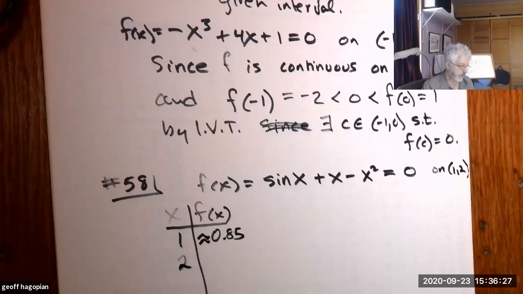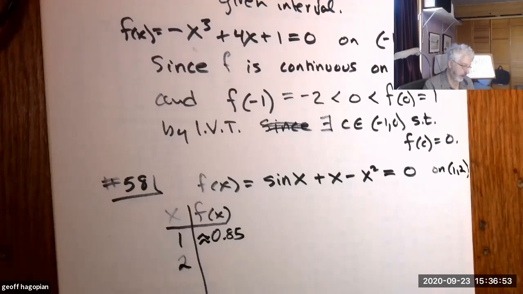Well, 2 is in the second quadrant on the unit circle, right? And that's about 0.5 bigger than pi over 2. I guess we could just use a calculator here, but we know that it's going to be negative.